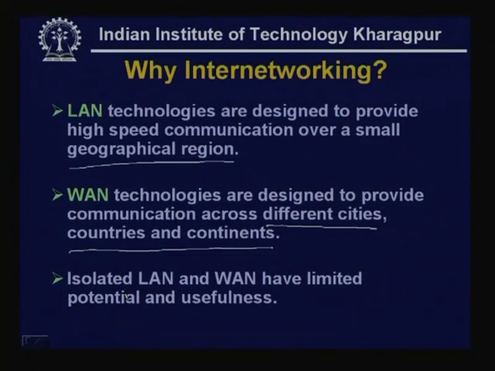It has been observed that isolated LANs and WANs have limited potential and usefulness. Unless these LANs and WANs are interconnected so they can exchange information with one another, they are of not much use. This has led to what is known as Internetworking.